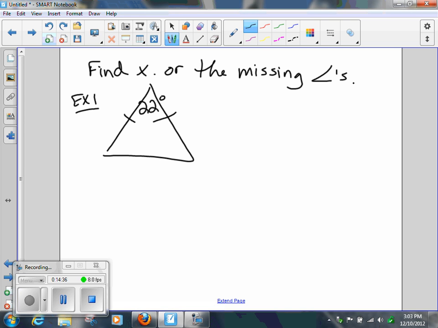You've got this triangle. That top angle is 22 degrees. How many angles do I have to find? I only have to find two. How am I going to find those two bottom angles?